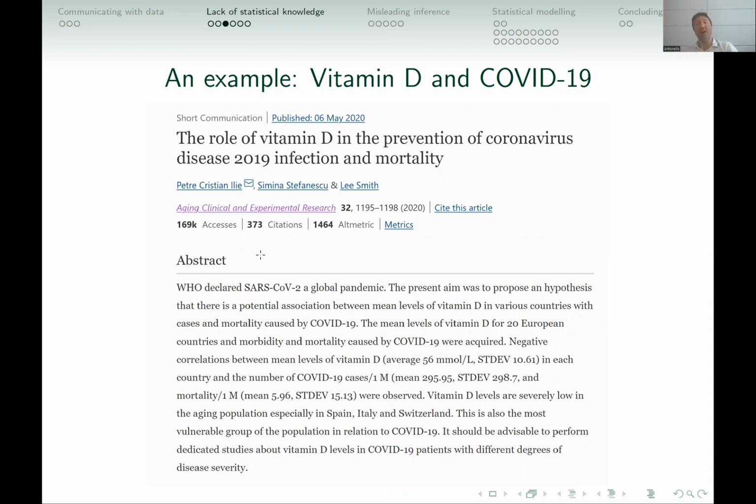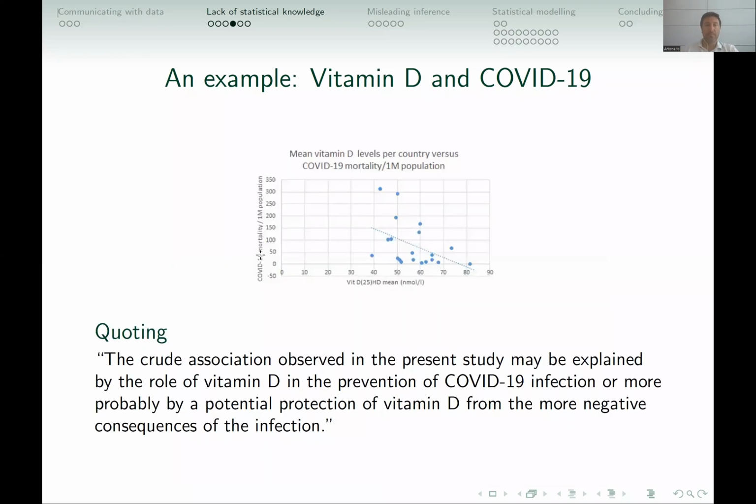It's been widely cited. This is the abstract. You can read it. What they do is simply look for an association between the number of cases per million, the number of deaths per million, and the mean levels of vitamin D in some European countries.